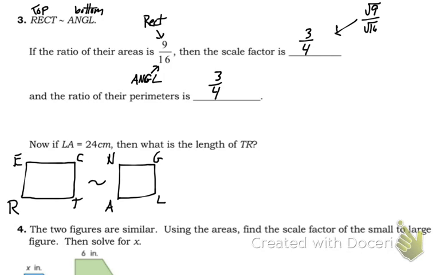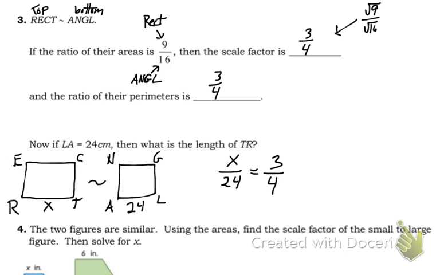They tell me that the length of LA is 24. I'm looking for this length. Well, RECT is on top, so let's call that missing side X, so I'm not putting a question mark everywhere. So X over 24 has to equal the scale factor of 3 over 4.